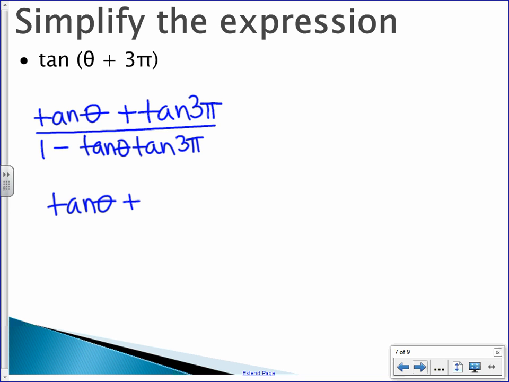Let's talk about where 3 pi is. This is 0 pi, 1 pi, 2 pi. Here would be 3 pi, if you went around 1.5 times. So the tangent of 3 pi is 0.